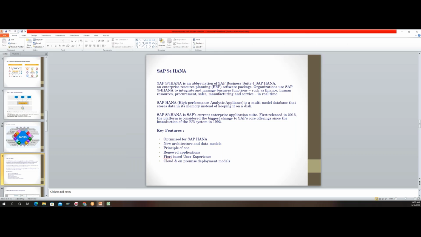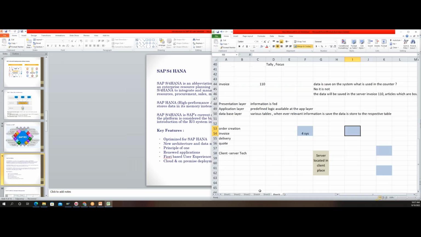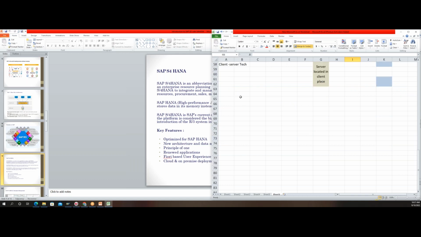Now, what is the need for S4 HANA? Why has the S4 HANA concept come into the picture? To understand this, we need to quickly understand one very important point: SAP as an ERP product is dependent on a third party database.